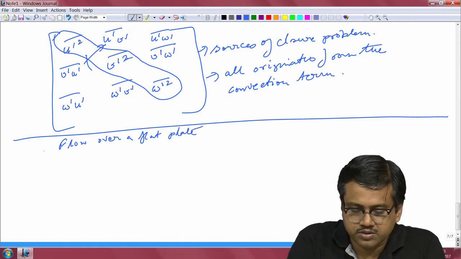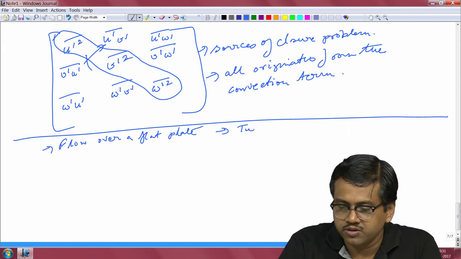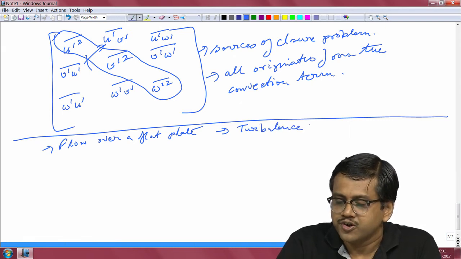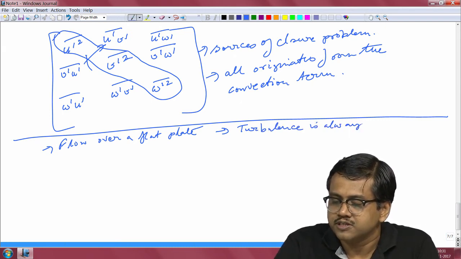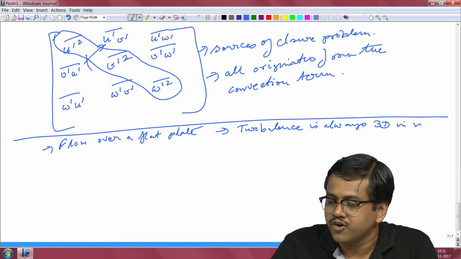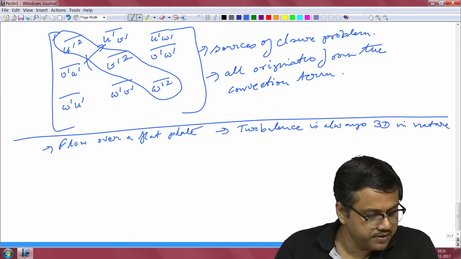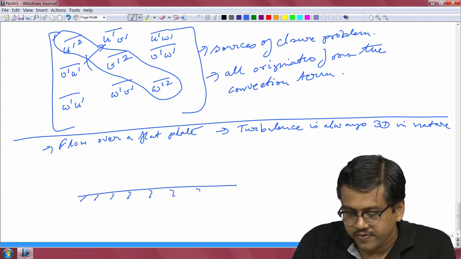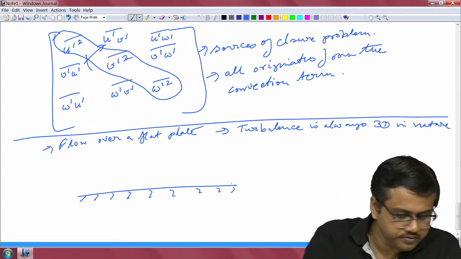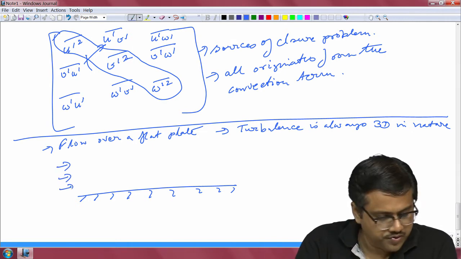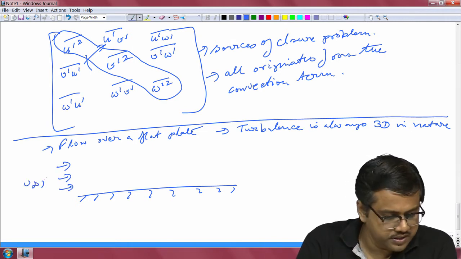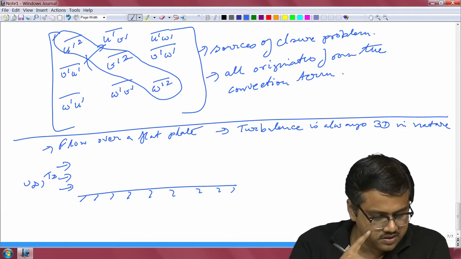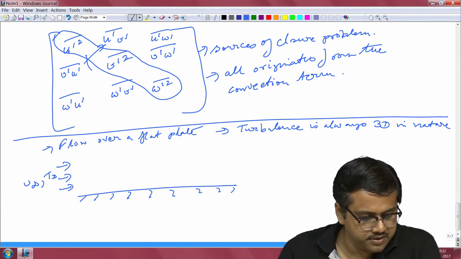Okay. So, as we know that turbulence is always 3D, always 3D in nature. Okay. So, this is a flat plate. This is u infinity, this is t infinity. So, this is over a flat plate. Okay.